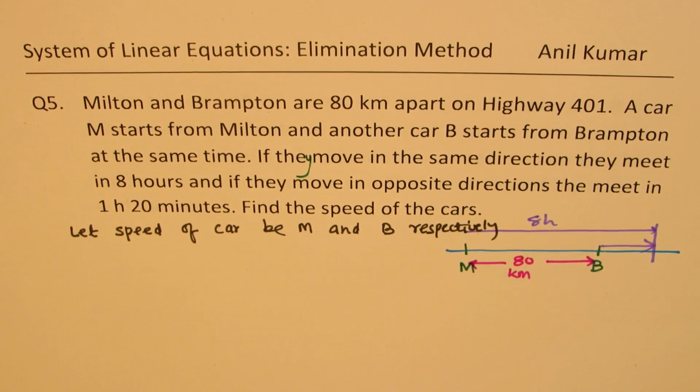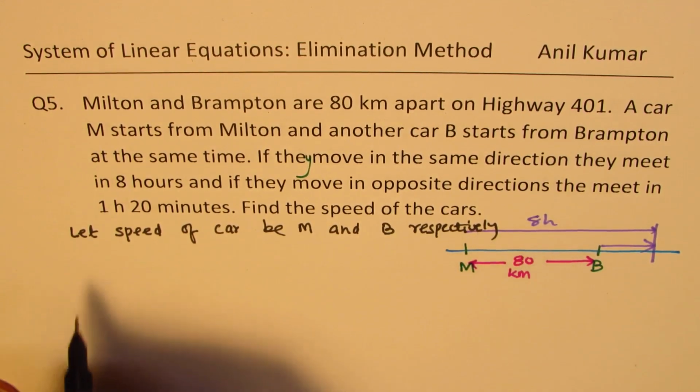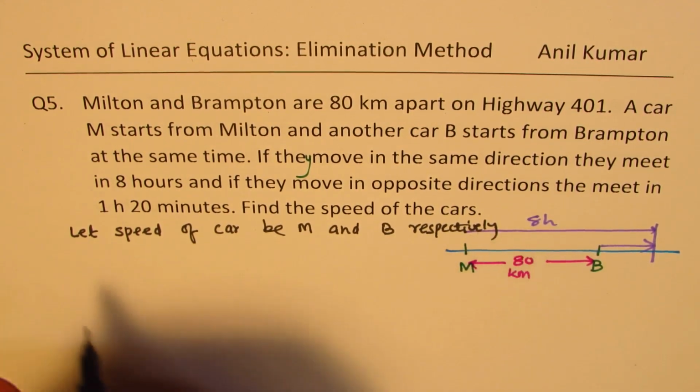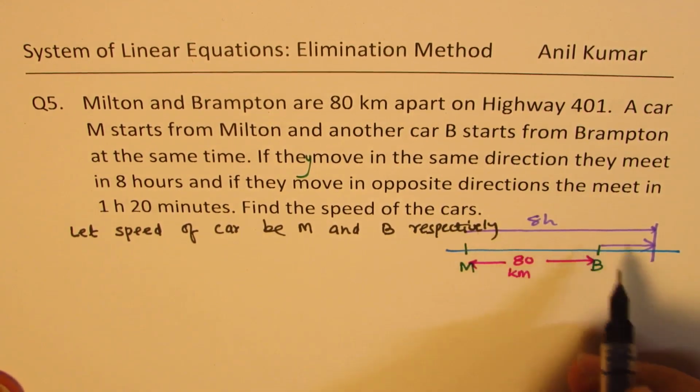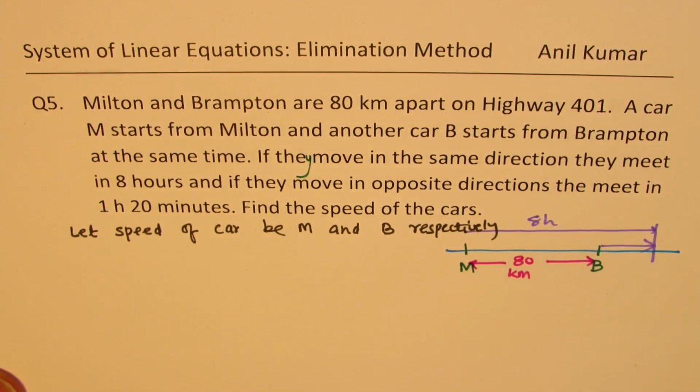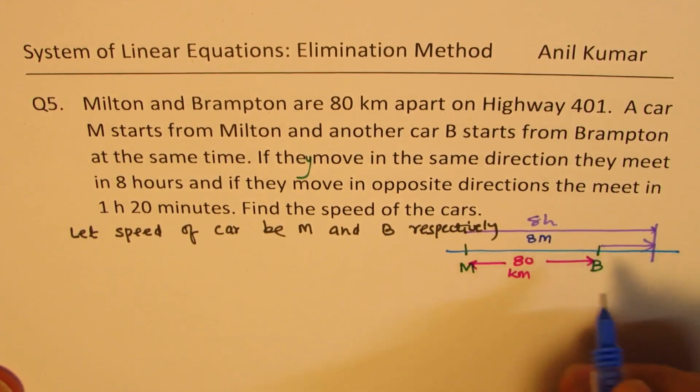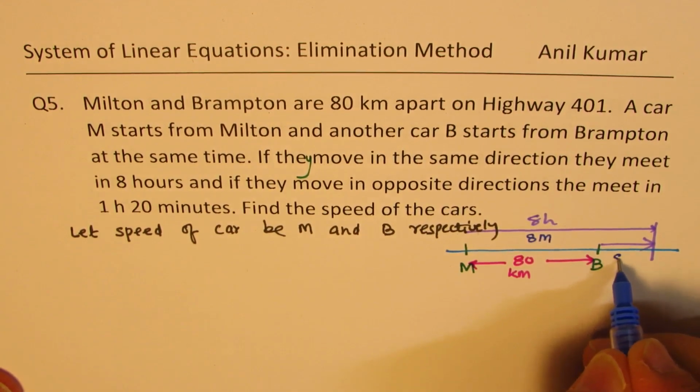Right. Now, how much is the distance traveled in 8 hours? So for the Milton car, the distance covered will be how much? For the Milton car, which moves at speed m, in 8 hours, it will be 8m, right? And for the Brampton car it will be 8b.